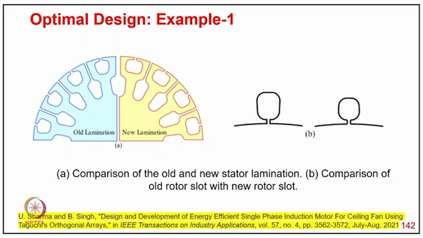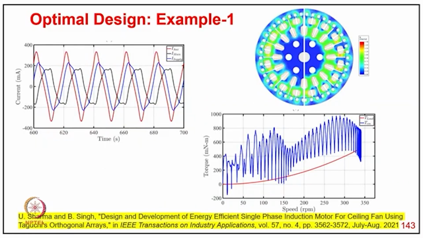Here is the comparison of old and new stator laminations, and of the old rotor slot with the new rotor slot. You can see how the old laminations are modified into the new laminations, and similarly the old rotor to the new rotor. Then the performance: the current in the main winding, auxiliary winding, and supply current, and the torque characteristic of load as well as the motor.